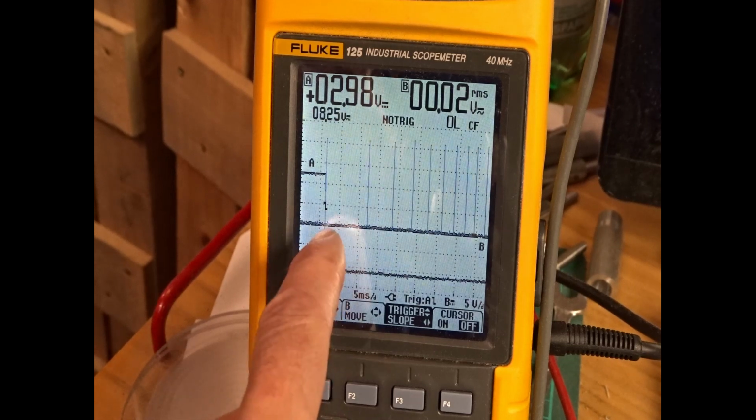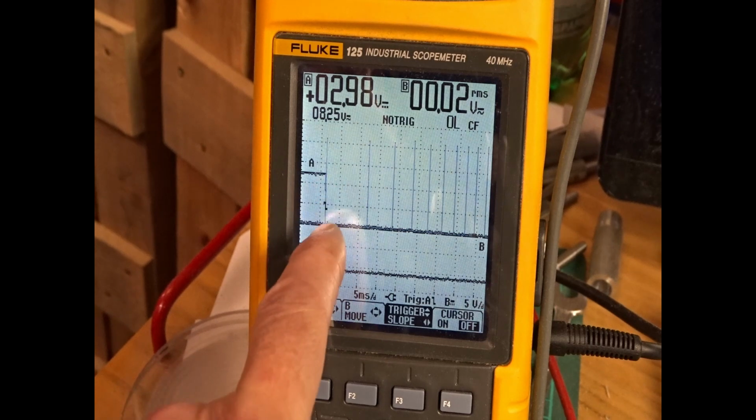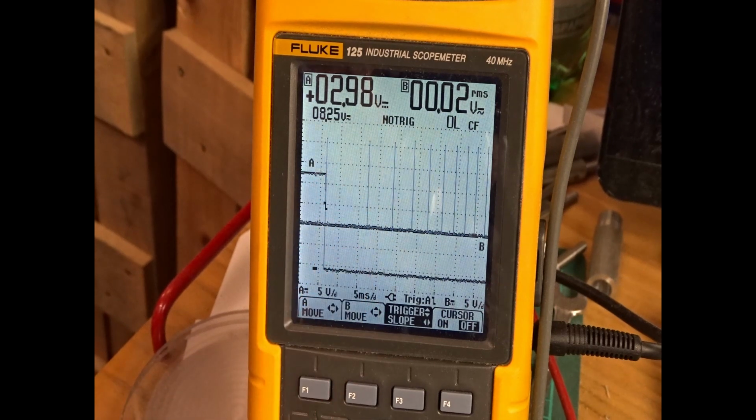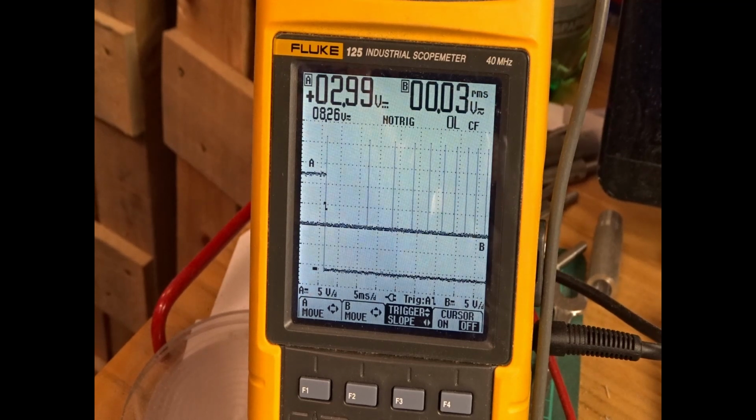Okay, now you can see a number of pulses. This one is more or less right on top of it. There's one missing there. Do it again. Still seems to be one missing there.